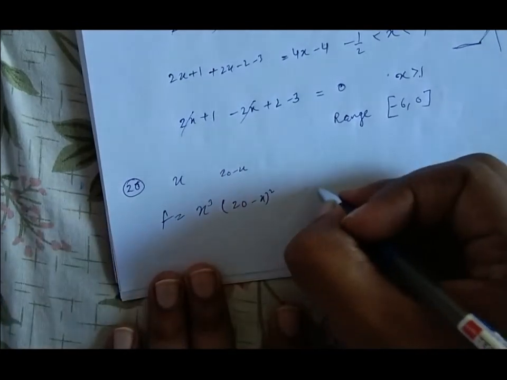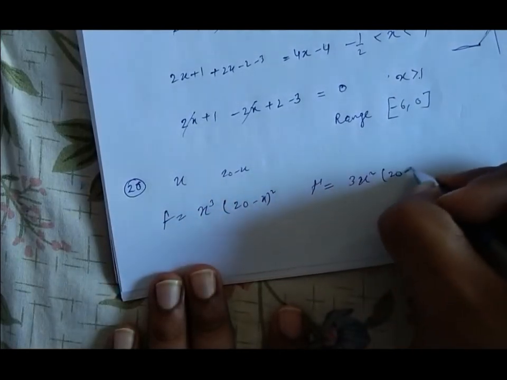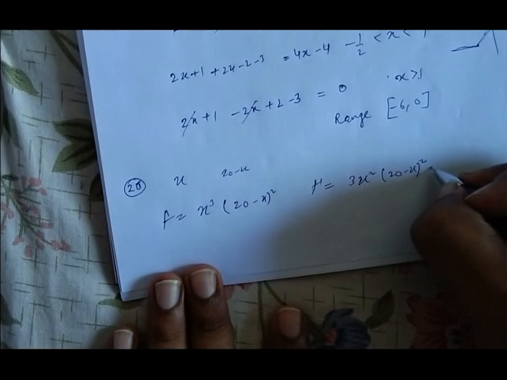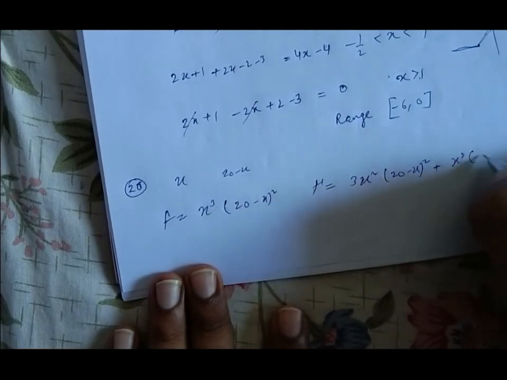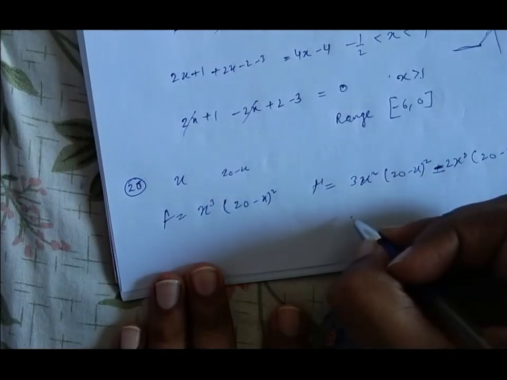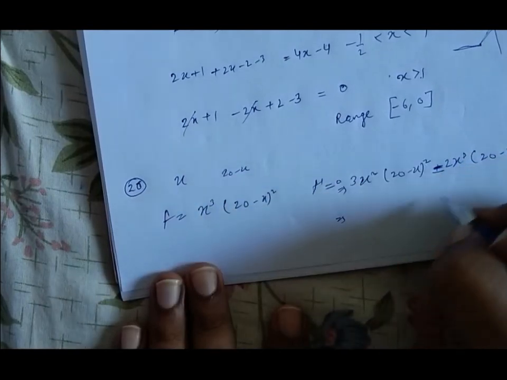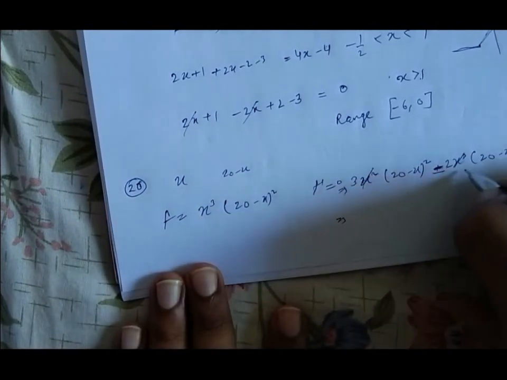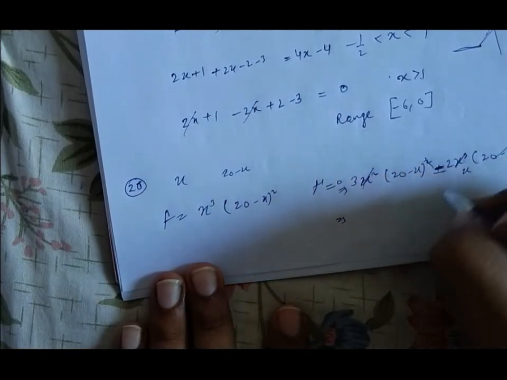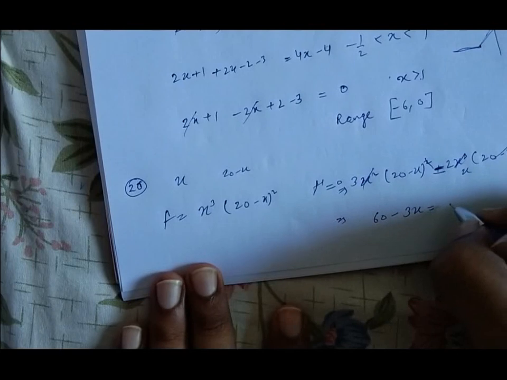So let's calculate f dash is equal to 3x square into 20 minus x whole square plus x cube into 2 into 20 minus x into minus 1. This should be equal to 0. This implies 60 minus 3x is equal to 2x.